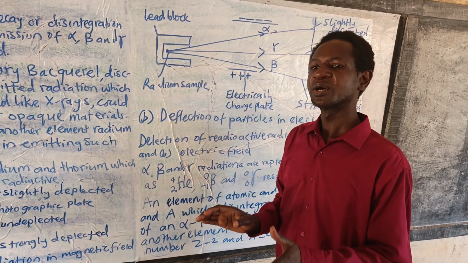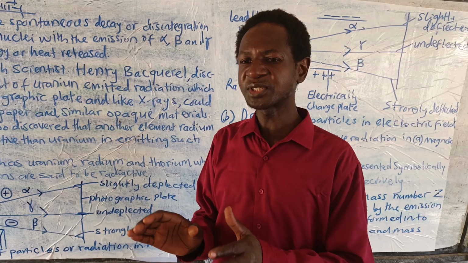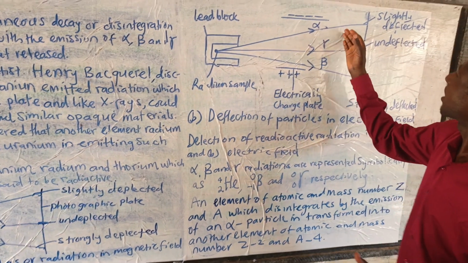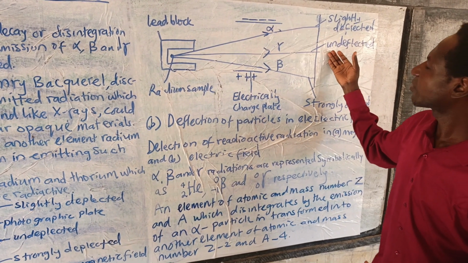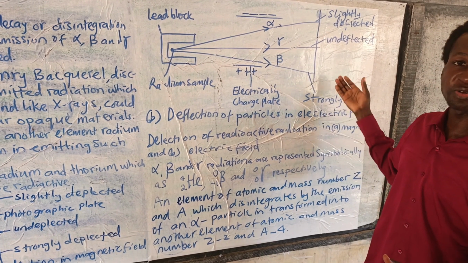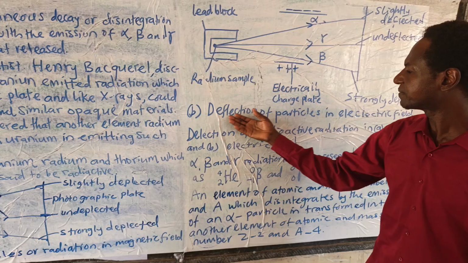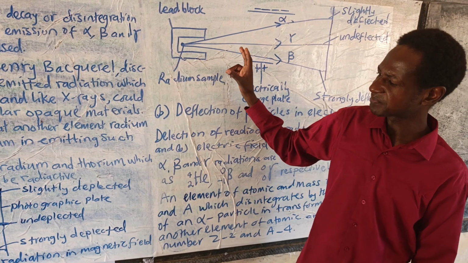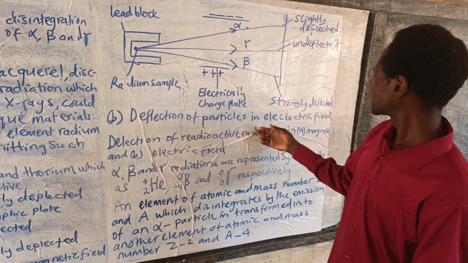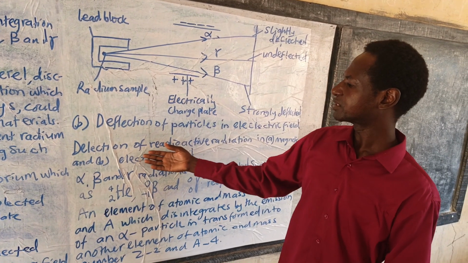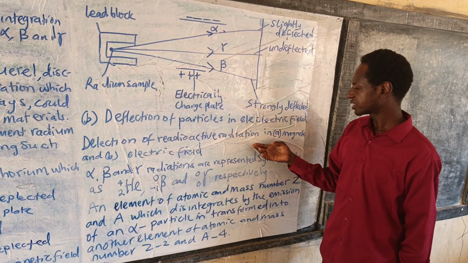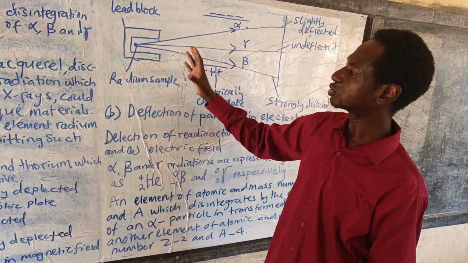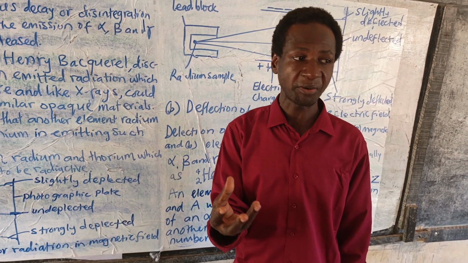So when both the electric and magnetic fields were used, the alpha was slightly deflected, gamma was undeflected, and beta was strongly deflected. This is the deflection of radioactive radiations in A, a magnetic field, and B, an electric field. So those are the two types of experiments that were conducted.